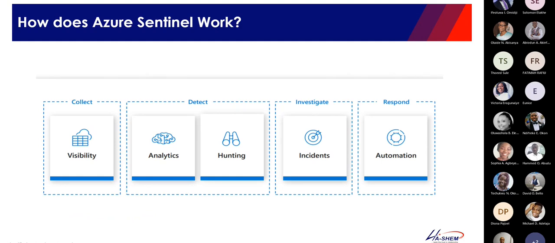So how does Azure Sentinel work? Earlier, when I was comparing Azure Sentinel and Azure Security Center, we looked at how the cybersecurity cycle works: collecting data, detecting, investigating, and responding. This is just how Azure Sentinel works.